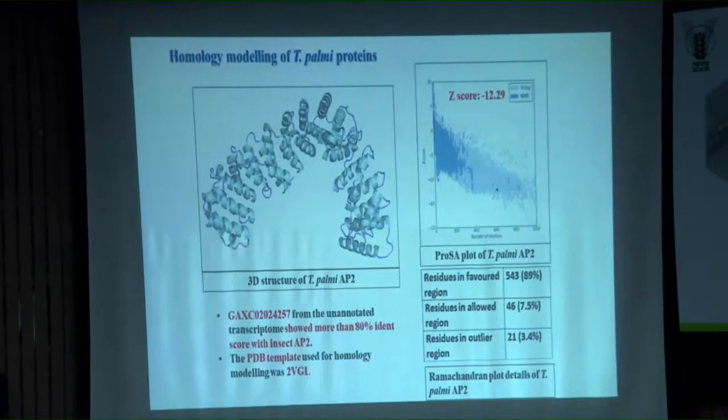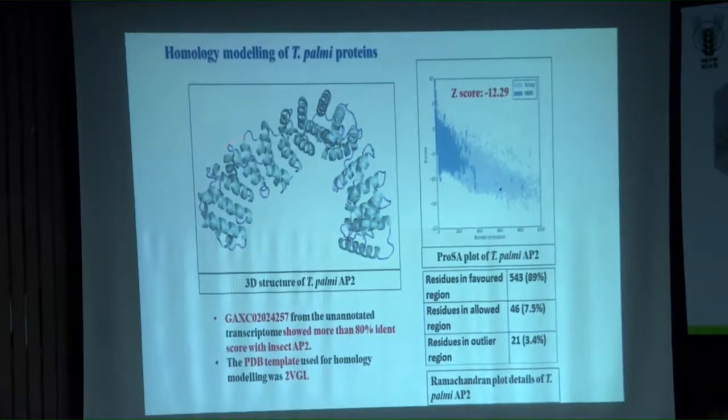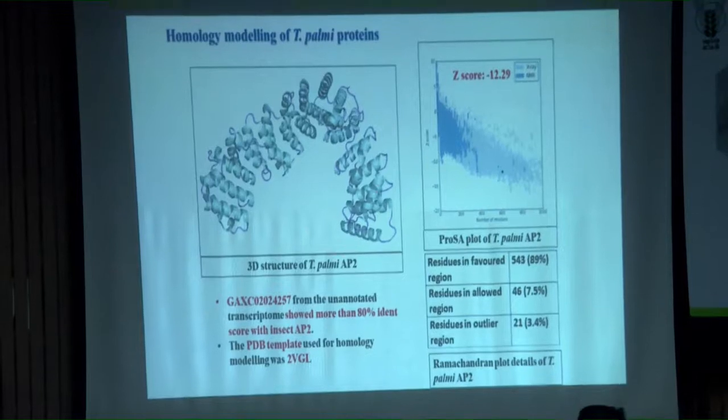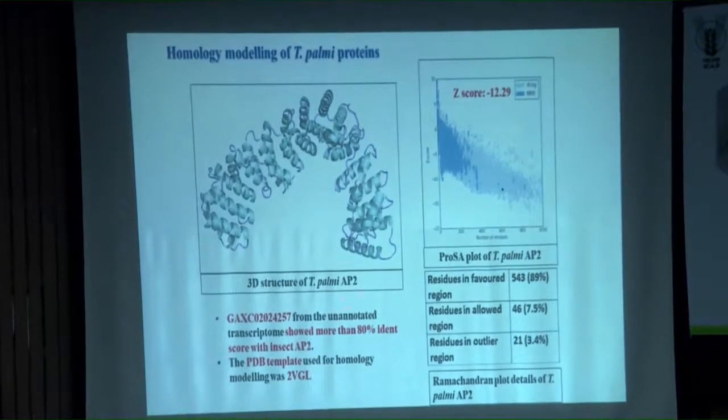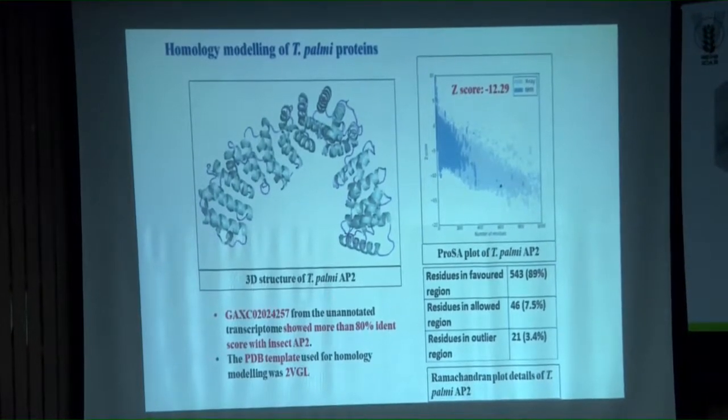But based on this homology modeling, we could generate different structures of Thrips-Pami protein. This is the structure of Thrips-Pami AP2, adapter protein 2. And here you can see the protein is lying in the allowed region, 89% plus 7.5%, that is more than 90%. So we can consider this a very good and stable structure.